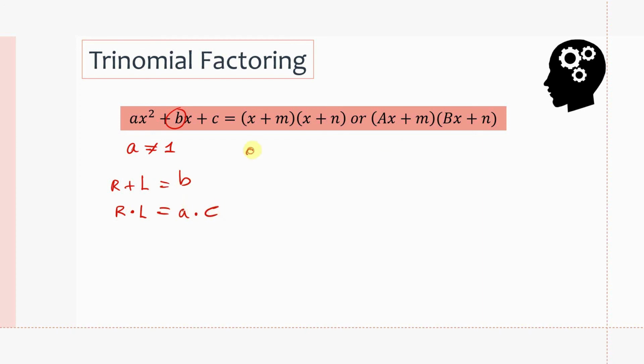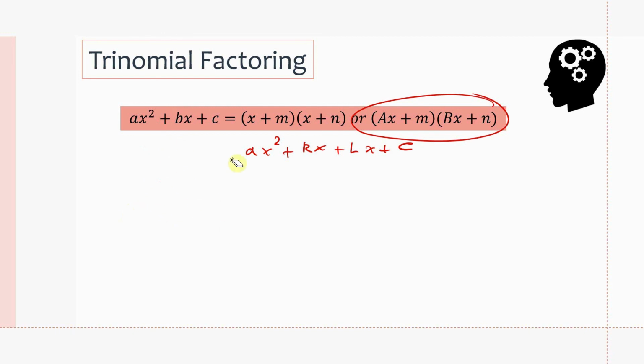Then we have ax squared plus rx plus lx plus c, and then we use factoring by grouping to get to this form, right? Like we've done before. So if you fell asleep when I did it before in the review, let's do another example.